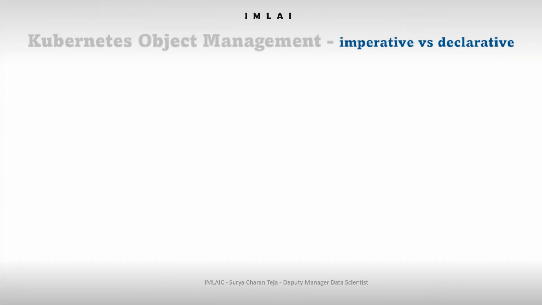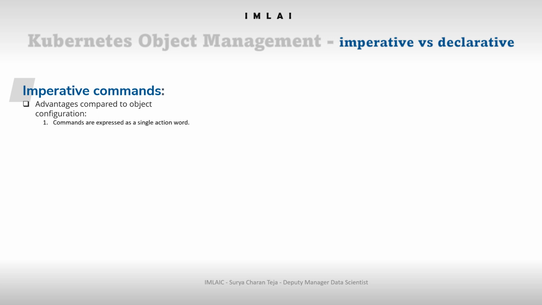Now let's look into the differences between imperative and declarative more. So imperative commands, advantages compared to the object configuration. Commands are expressed as a single action word. That's the best advantage. And commands require only a single step to make changes to the cluster.